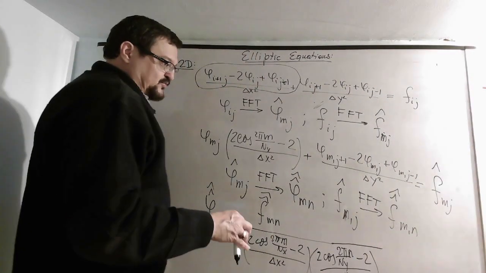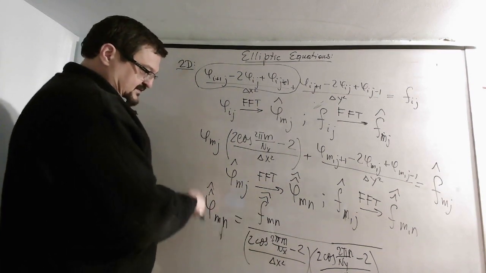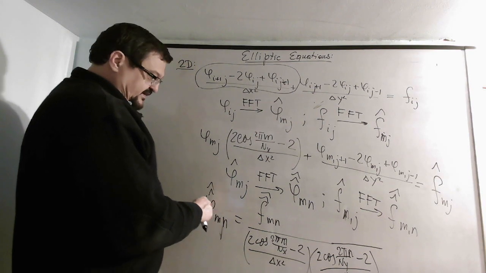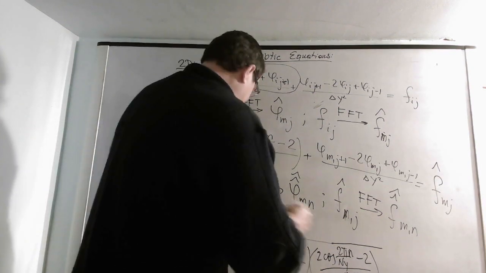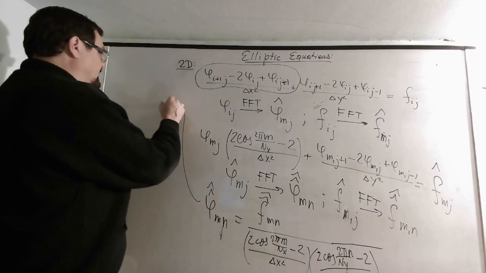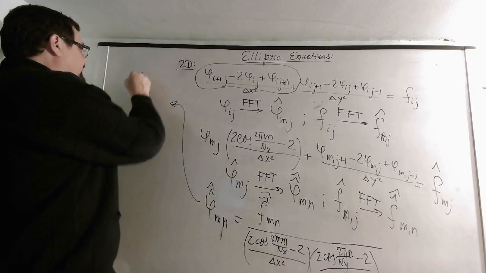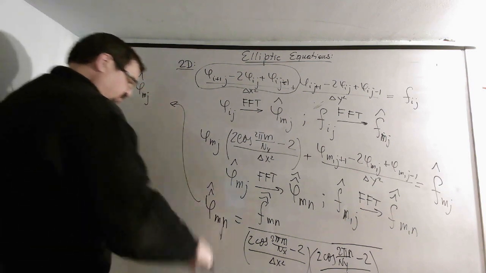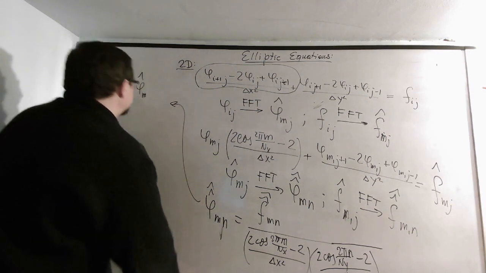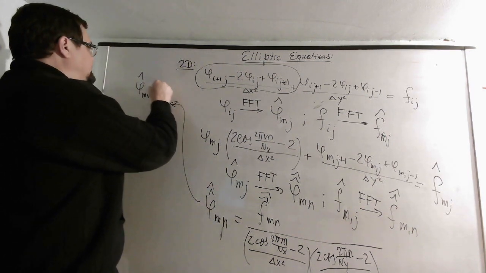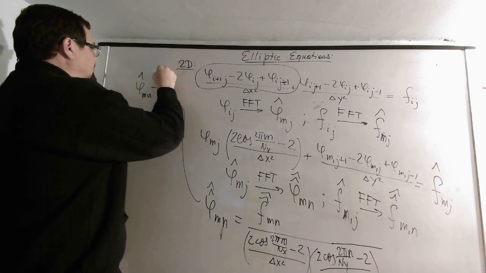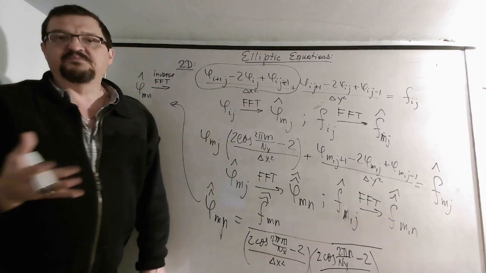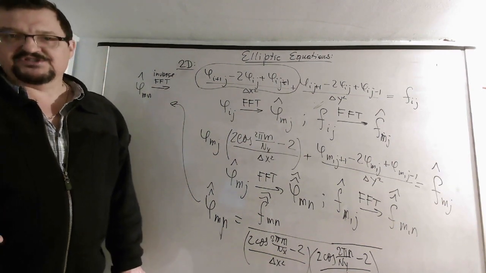So now you know these Fourier coefficients, and now you do the inverse transform on phi. So you do the next step, you compute phi mj, so you have your phi mn, and you use inverse FFT. And on a computer, this FFT is just basically a function call.